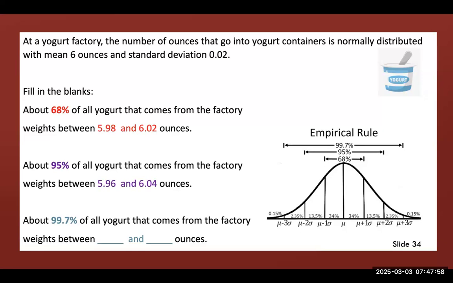Take 5.96 and subtract 0.02, we'll get 5.94. And if we add 0.02 to 6.04, we'll get 6.06. So about 99.7% of all yogurt that comes from the factory will weigh between 5.94 ounces and 6.06 ounces.